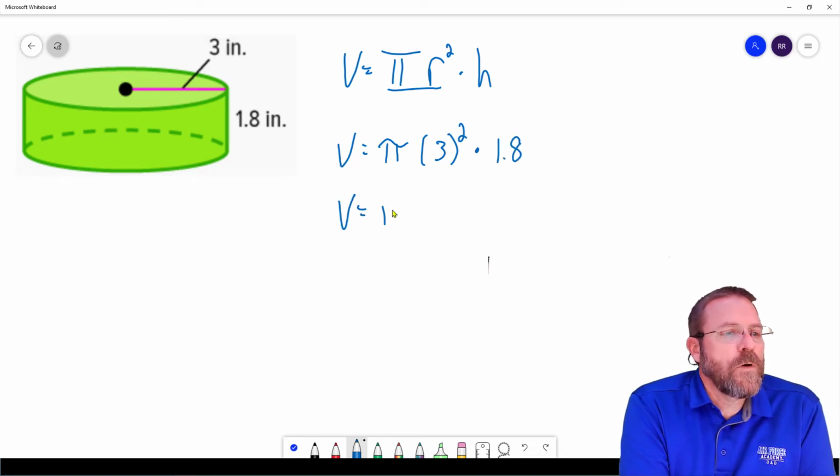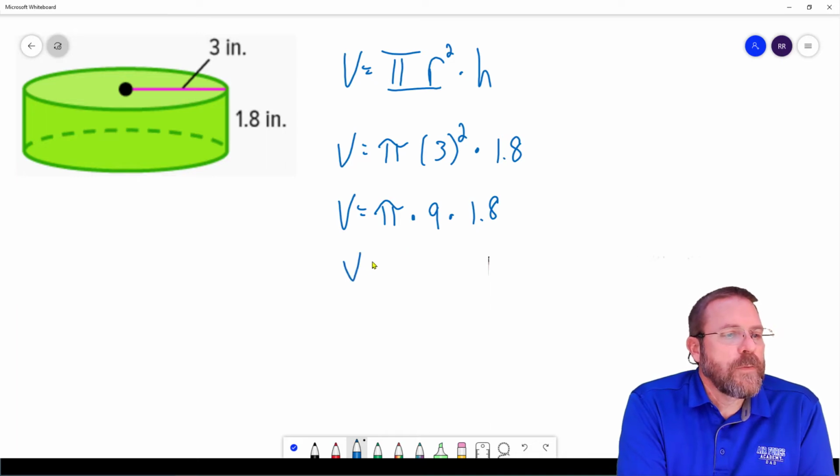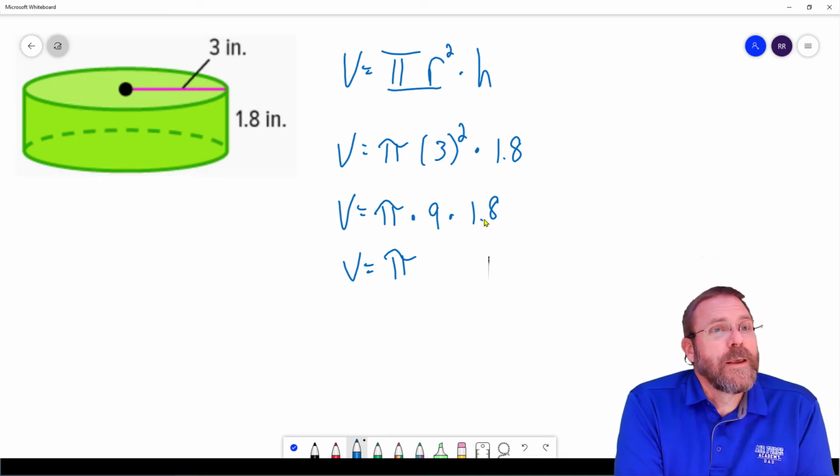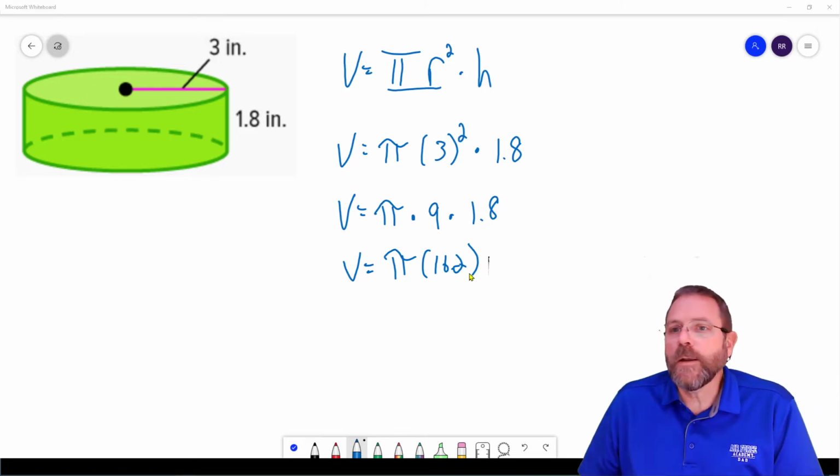Next, volume is equal to pi times 3 times 3, which is 9, times 1.8. That's 9 times 1.8, which I believe is 16.2. But let's grab our calculator and make sure I did that right in my head.